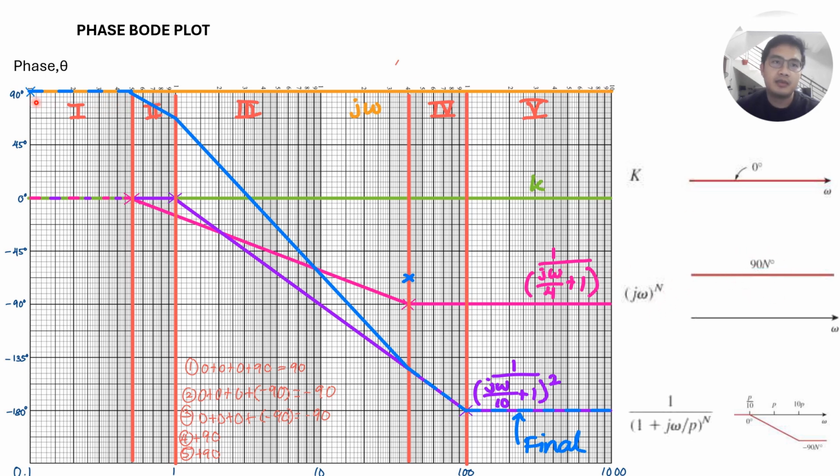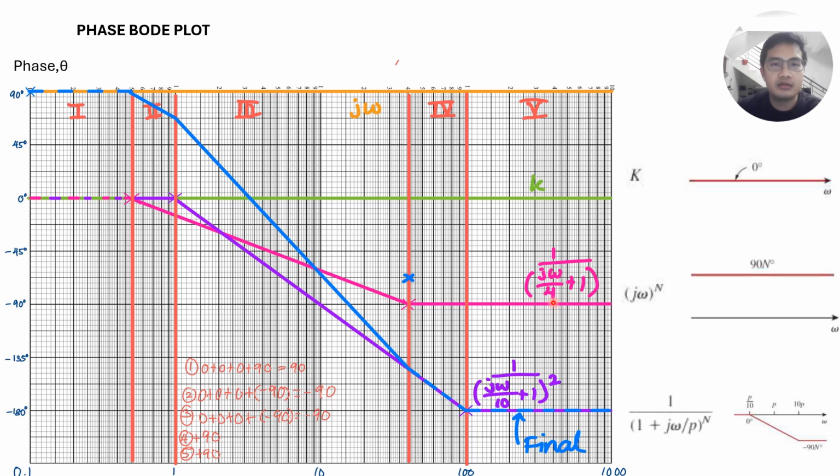We just make a straight line at 90 degree. And then for the simple poles, we put 1 over (1 plus jω over 10) and (1 plus jω over 4). Just make an inclined plane of negative 90.